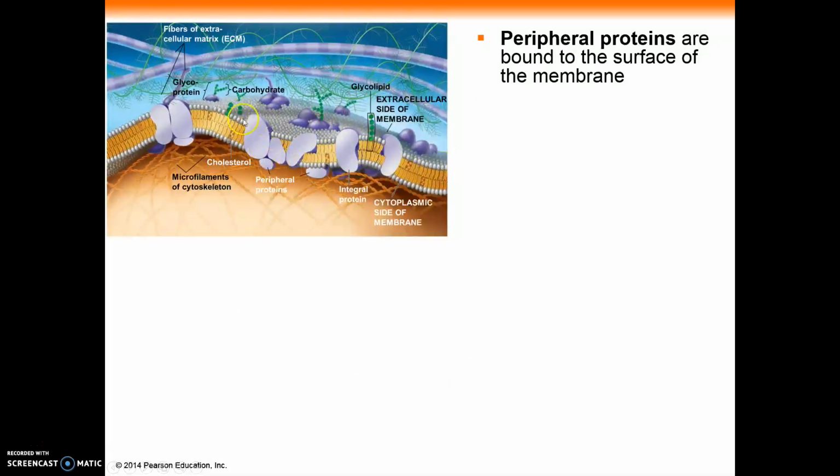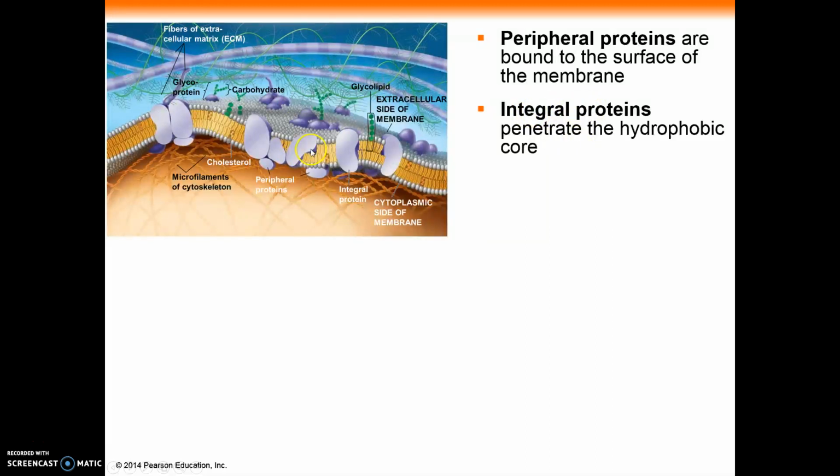Now, within this membrane itself, we also have various proteins attached. When we have a protein that is adhered to the membrane in some way, shape, or form, we call that a peripheral protein. When we have a protein that actually extends into the phospholipid bilayer, we call that an integral membrane protein.